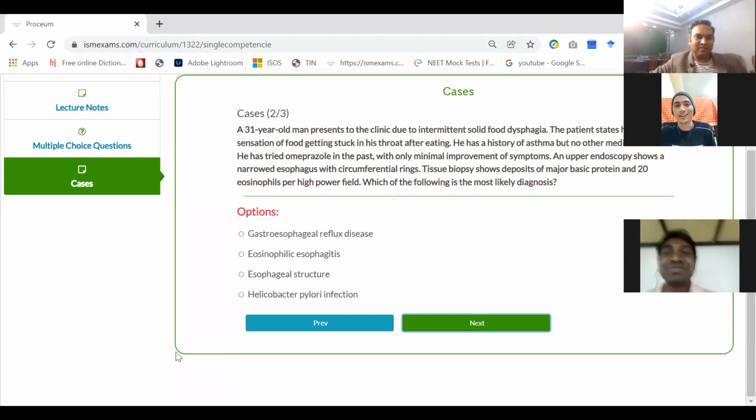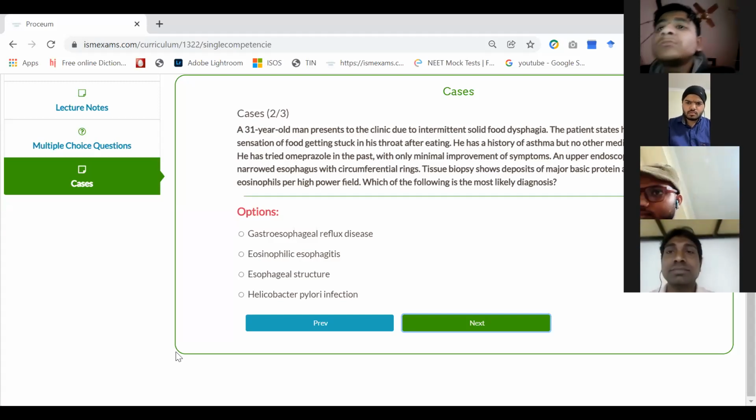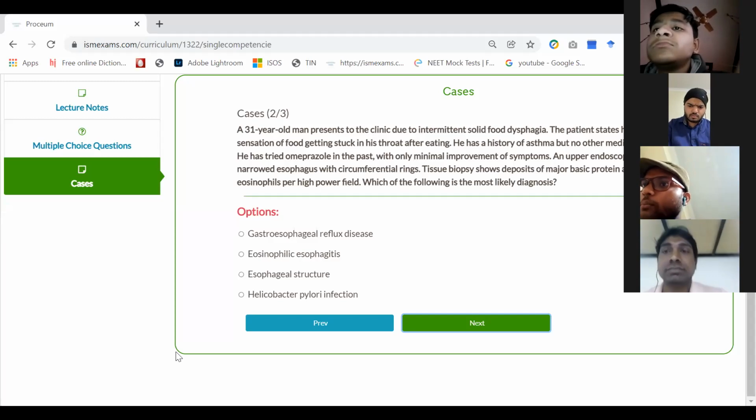A 31-year-old man presents to the clinic due to intermittent solid food dysphagia. The patient said he has a sensation of food getting stuck in his throat after eating. He has a history of asthma, but no other medical conditions.